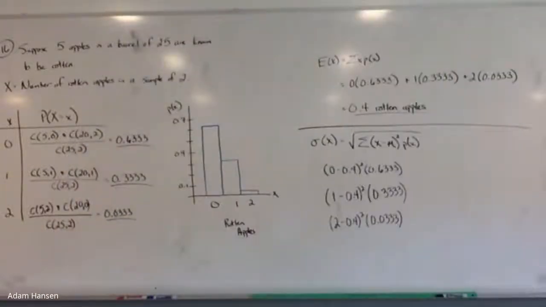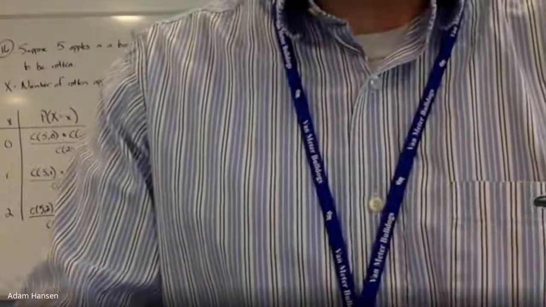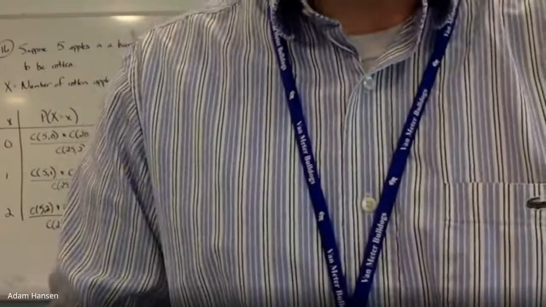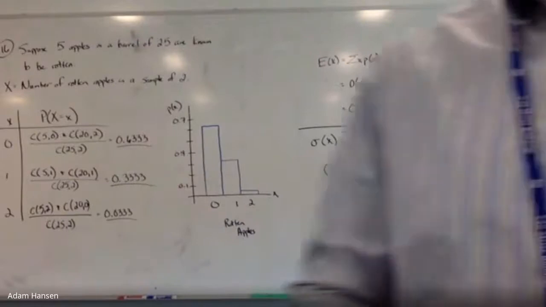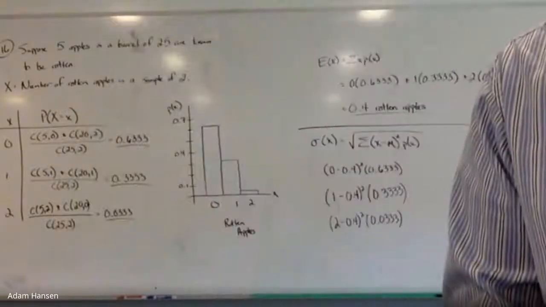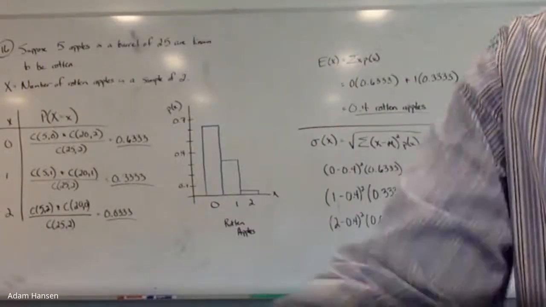And finally, the last option, if I got 2 rotten apples, that's 1.6 more rotten apples than I would have thought. The difference in 2 and 0.4. And that happened only 3 1/3% of the time. So that summation works out to be 0.306564.